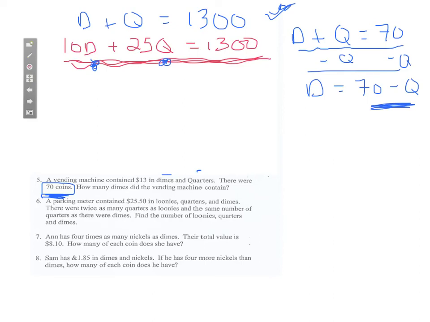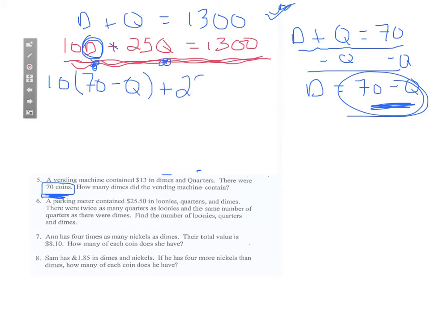We can go back to this equation, and instead of using D, we use D equals 70 minus Q. So now 10 times 70 minus Q plus 25Q, and that has to give me 1300.